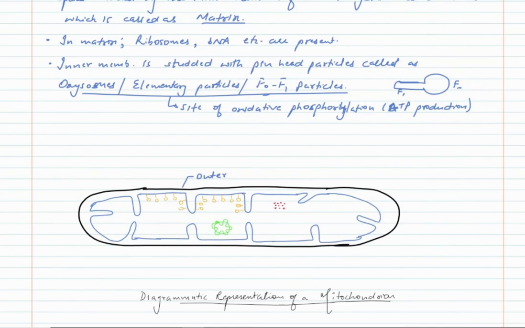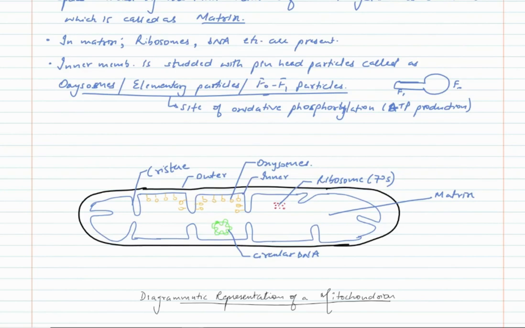This is the inner membrane. These are oxysomes. This is the ribosome, which is of 70S type. This is the circular DNA. This space is filled with matrix, and the inner membrane is folded into a number of turns. These turns are known as cristae.